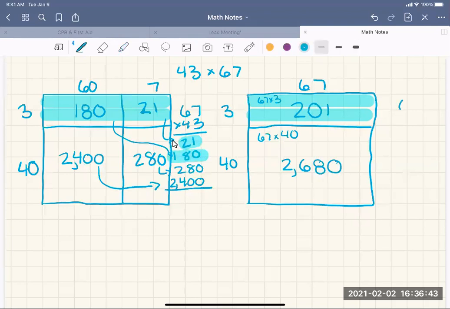Okay, and then over here, we had 201, and then 2,680. And our 201 was what we highlighted. We're going to add them together.